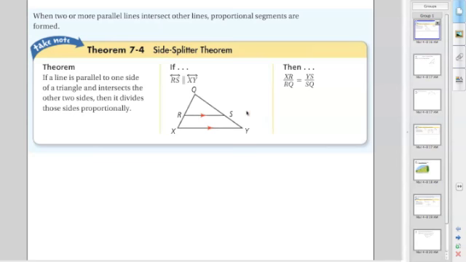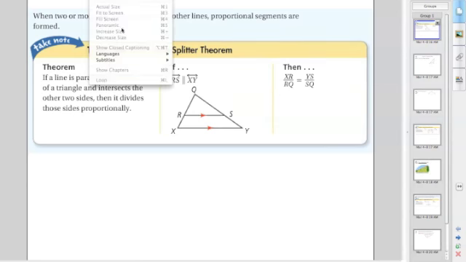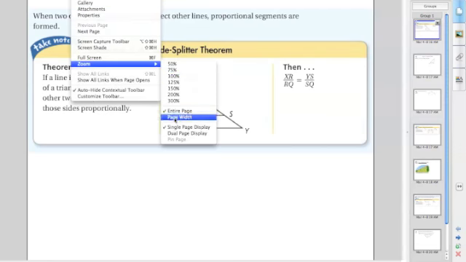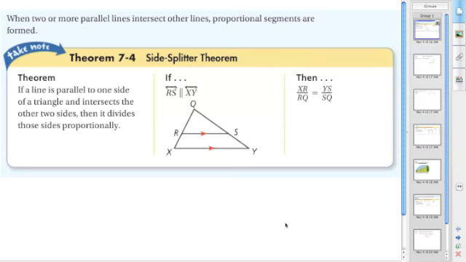So if you have parallel lines RS, XY, therefore RX and QR is going to be the same as YS, SQ. So, side splitter theorem.